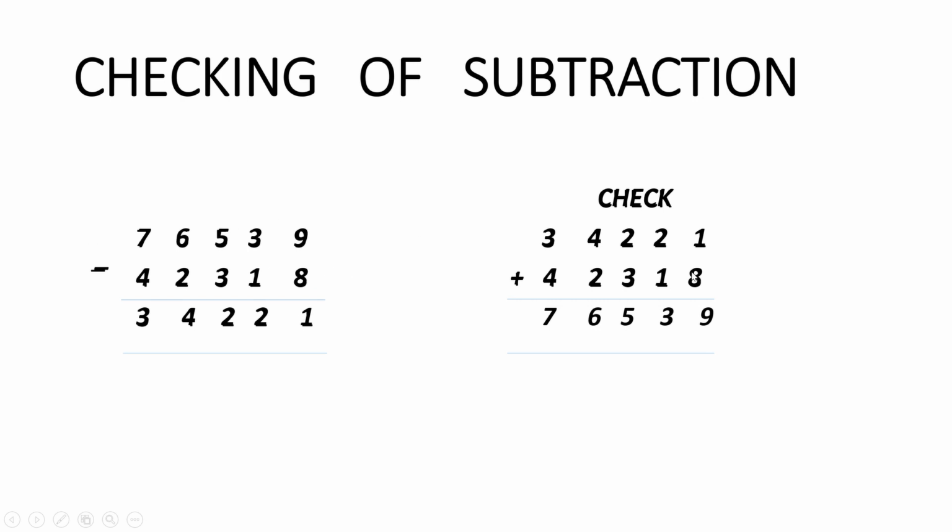So let's check here. 1 plus 8 is 9, 2 plus 1 is 3, 2 plus 3 is 5, 4 plus 2 is 6, and 3 plus 4 is 7. So the answer is 76,539, which is your minuend. So your answer is correct. So this is the way we check the subtraction.